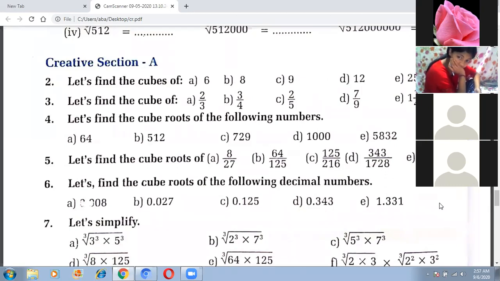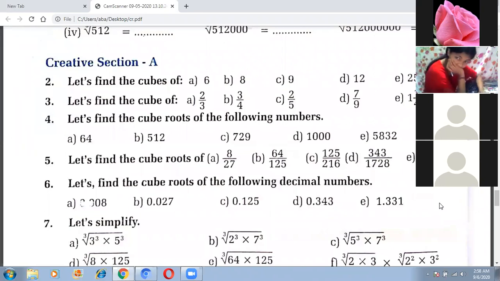How can you check if a given number is divisible by 11 or not? Just add the alternate digits. Alternate digits means 1 plus 3, and 3 plus 1. 1 plus 3 is 4, and 3 plus 1 is 4.